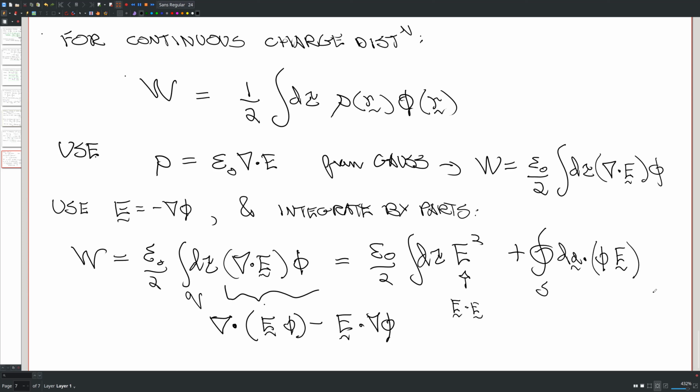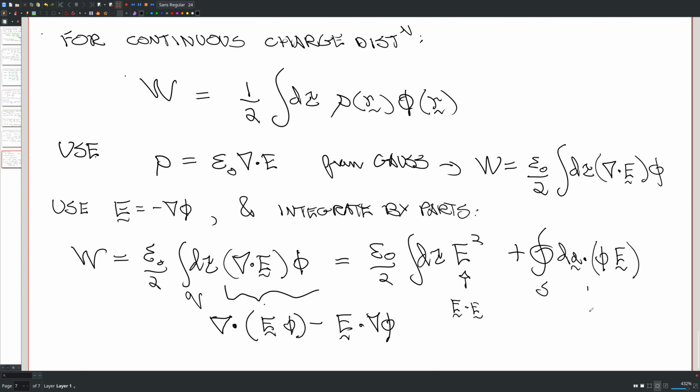So if you want, this is like a vector area element. So this is just using this identity, using the divergence theorem to transform the integral over the volume of the divergence of this object into the surface integral of this object dotted into the differential element. And then the second term here, I've just replaced minus grad phi by E. So I've just got that thing here.